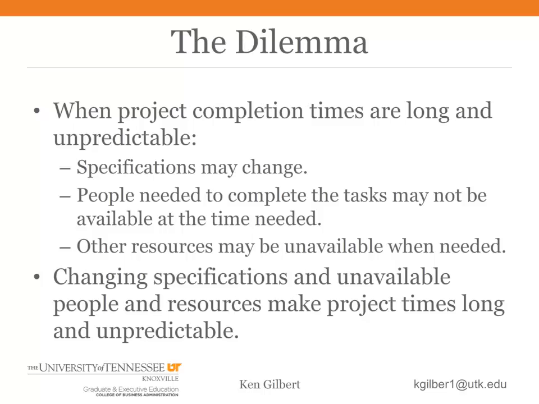This makes planning uncertain, and it makes it more unlikely that the specifications will stay the same, that the people and equipment will be available when they're needed. And changing specifications and unavailability of parts and equipment makes the flow times even more long and unpredictable.